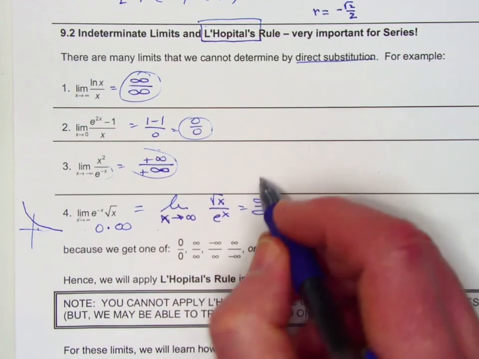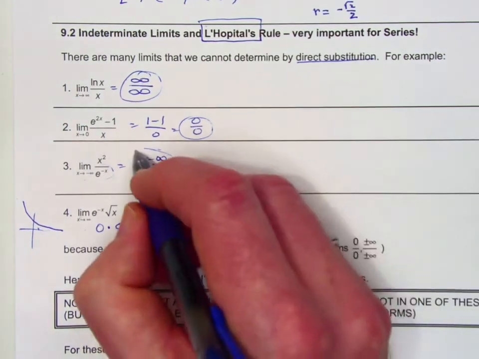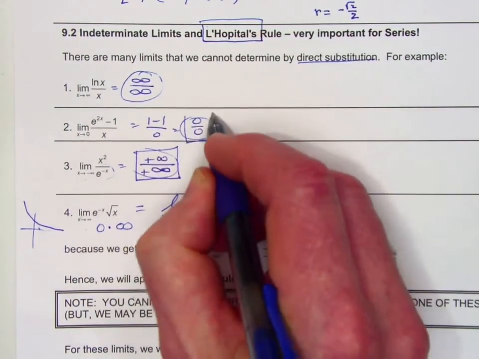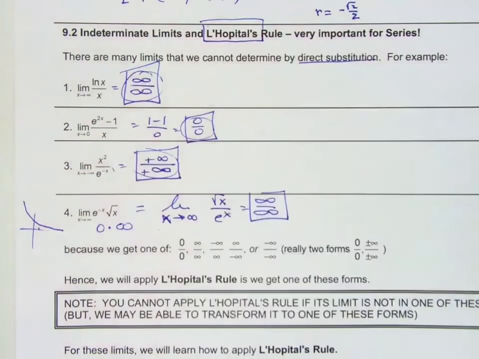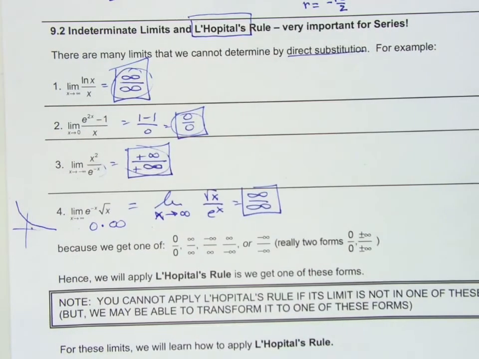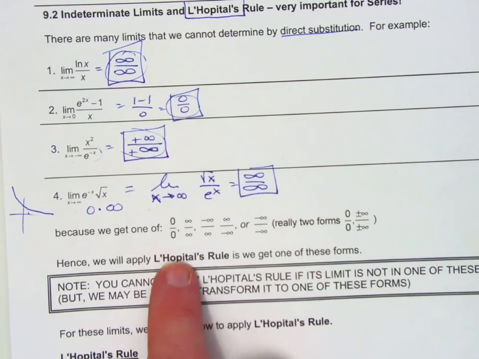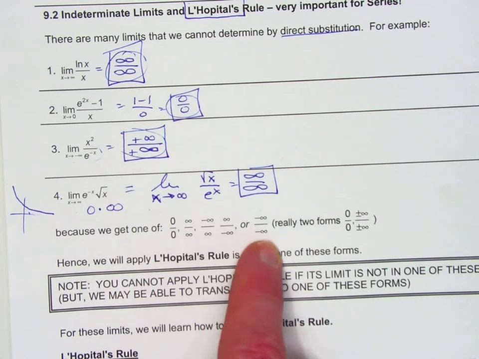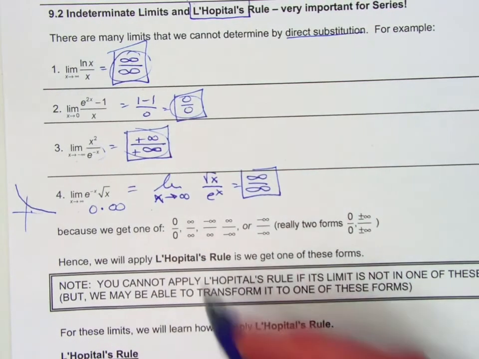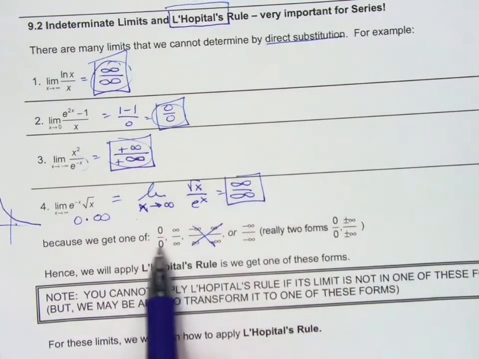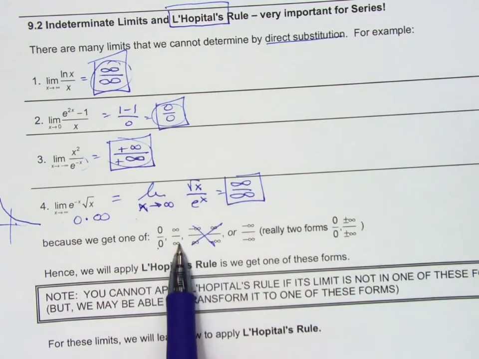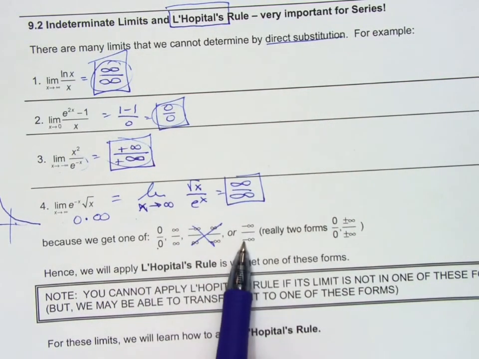So these are the cases you want. If we ever get these, we can use our friend called L'Hopital's rule. We've kind of mentally used it in the past, but we have not actually computed values. Really, it's 0 over 0, or infinity over infinity, or negative infinity over negative infinity.